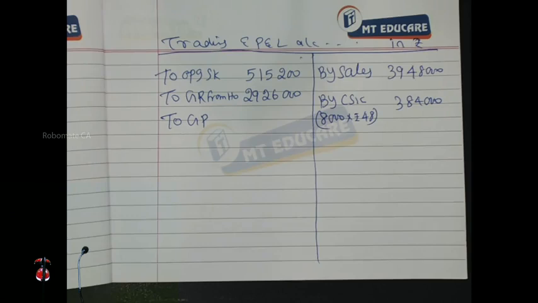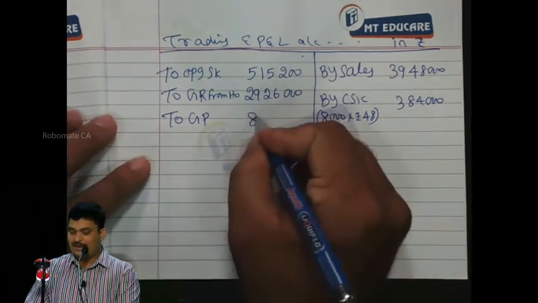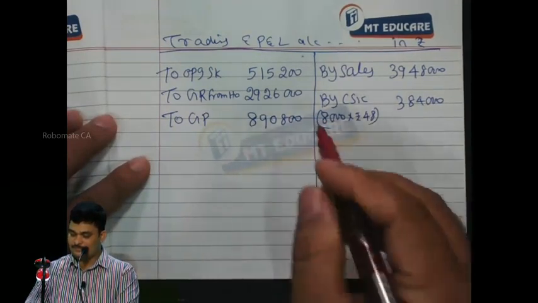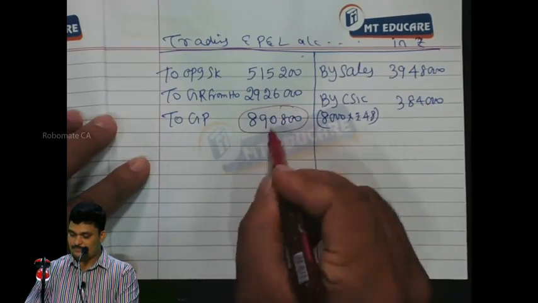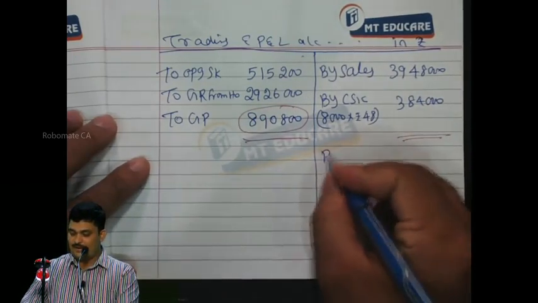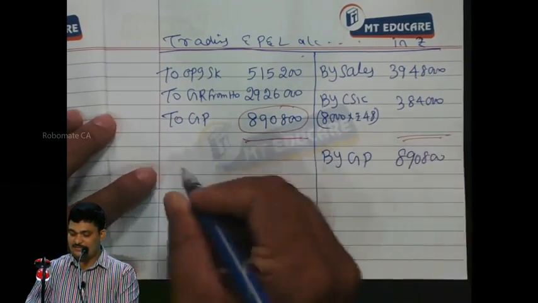So gross profit will be the balancing figure. 890, 800. Understood? By gross profit 890, 800.